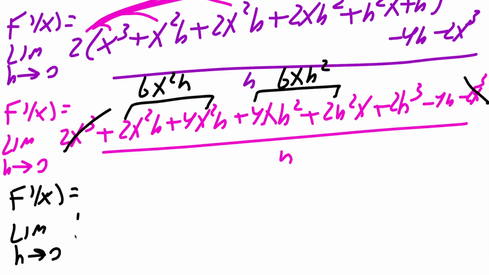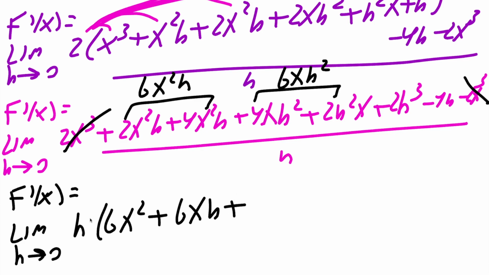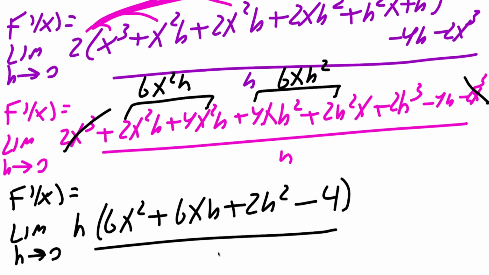So we will factor out an h, parentheses, 6x squared, because h times 6x squared h gives this piece, plus 6xh, because h times 6xh is this piece, plus h times 2h squared would give us 2h cubed, minus, so this is a negative 4h, this is an h, so just negative 4, all over h.